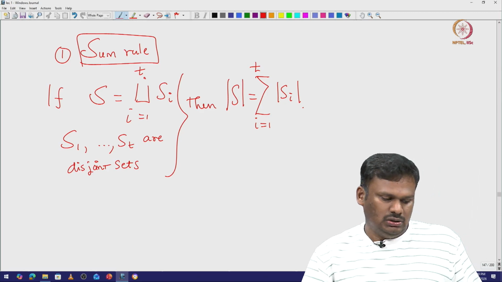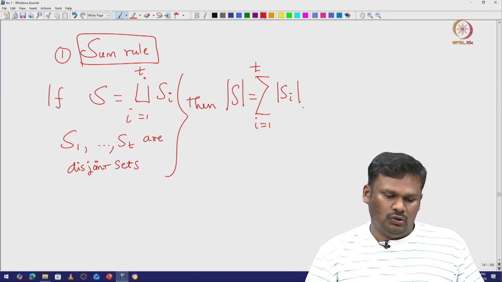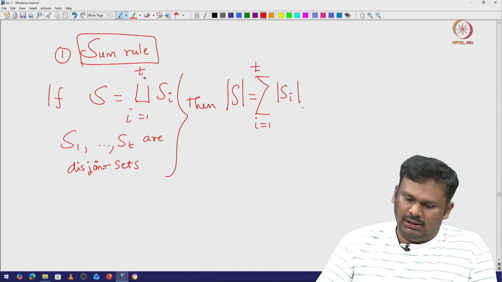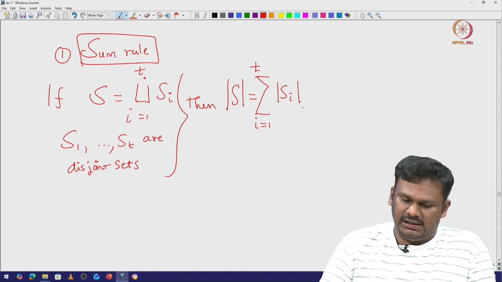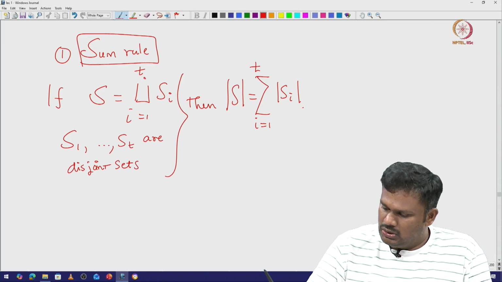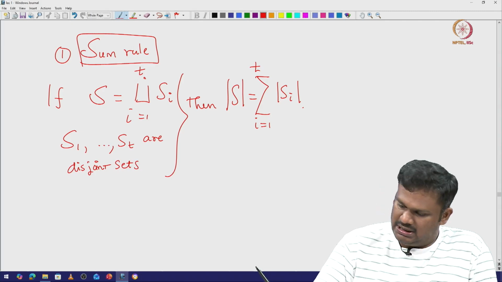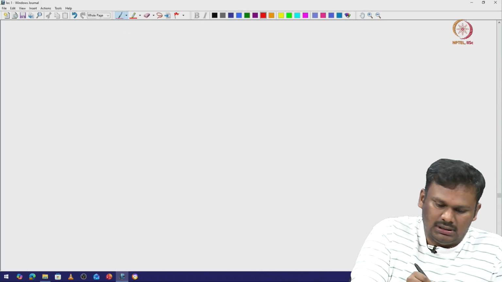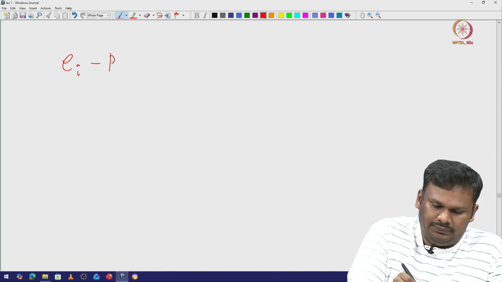How one can use this sum rule in practice is that we choose a property, let us say E_i, so that they preclude each other. So, let us start with the property E_i.